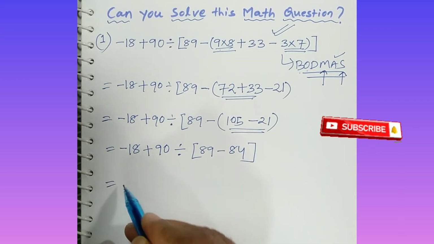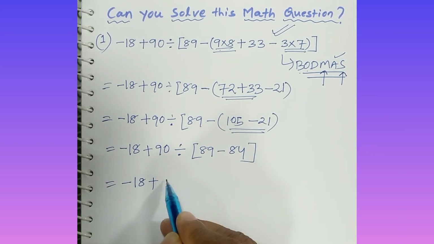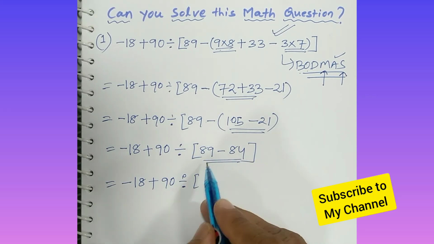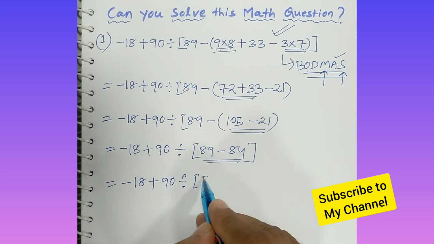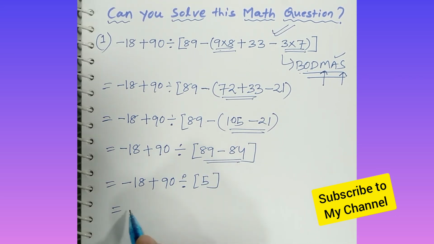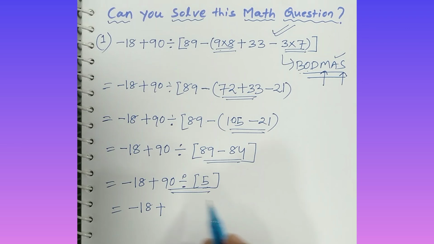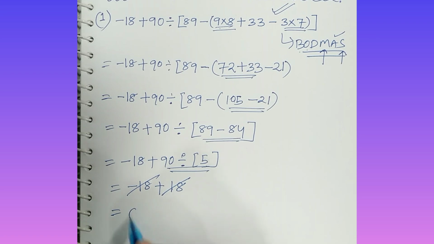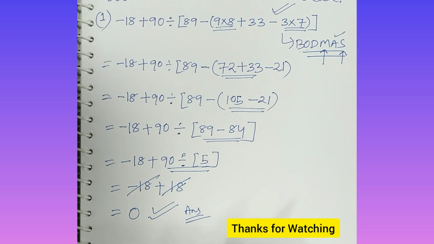Again, within the bracket you subtract 89 minus 84, and that is 5. So here it is minus 18 plus 90 divided by 5, that is plus 18. This cancels, so the final answer you are getting is 0. In this way you have to solve the simplification question.